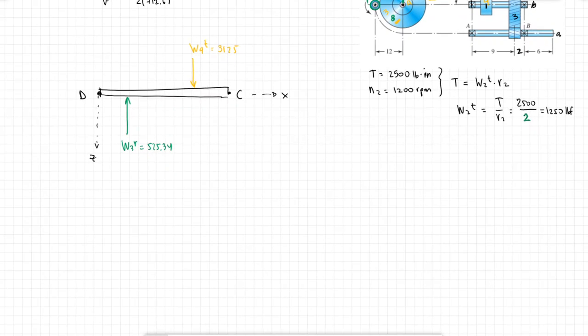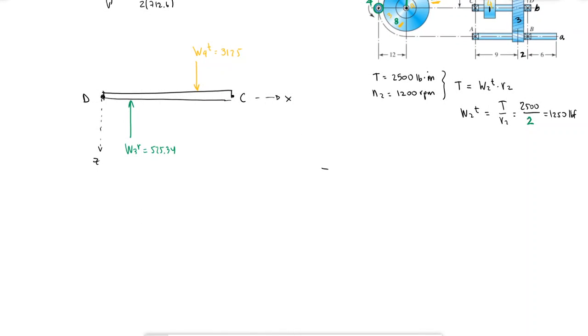From the same process I did before, sum of moments about D. I have this 2, this 6 up to here, and then this 3. And I have 2 times 5,254 positive, then a negative 8 times 3,125.